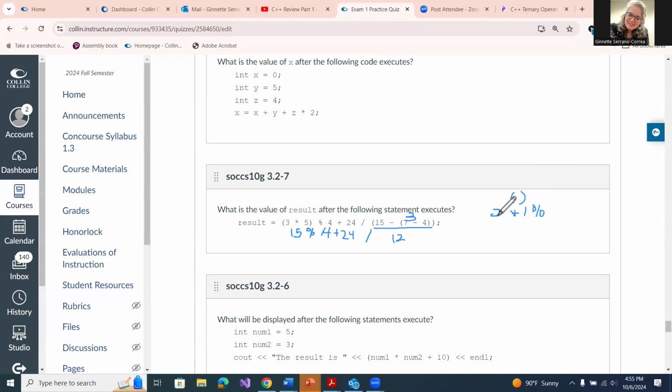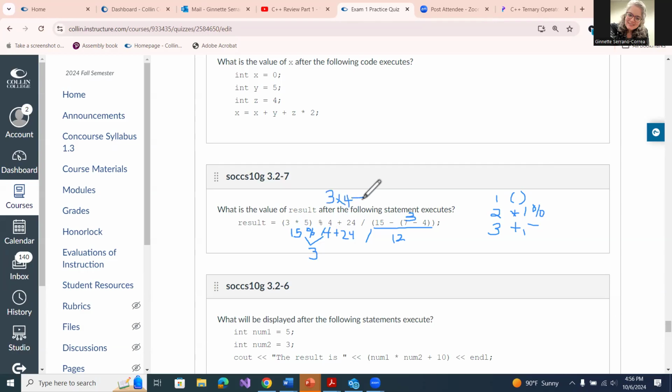Then the next priority would be plus, minus. So we're going to do modulus first. So 15 modulus 4. 4 goes into 15 3 times evenly. 3 times 4 is 12 with a remainder of 3.